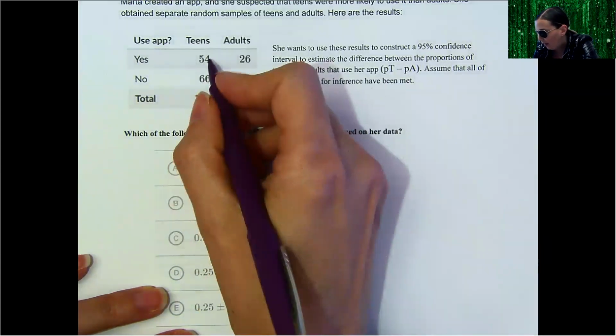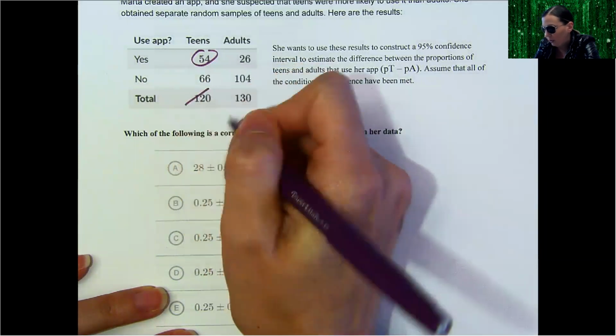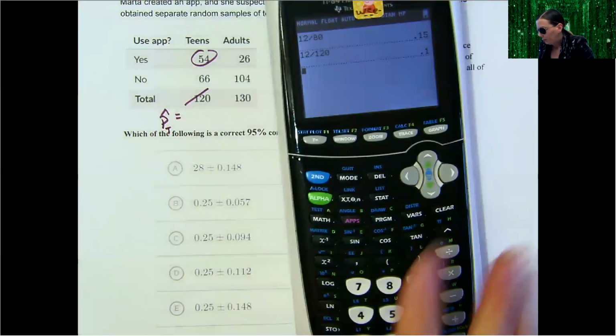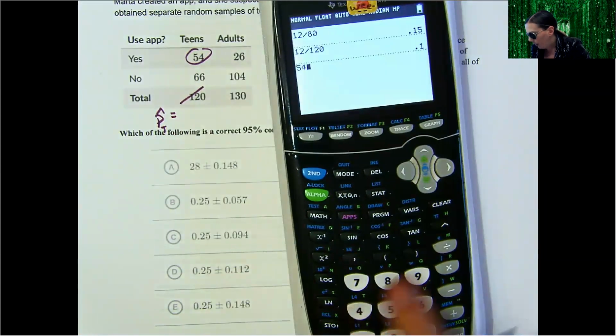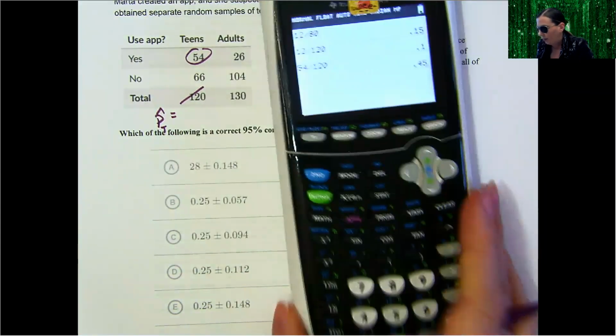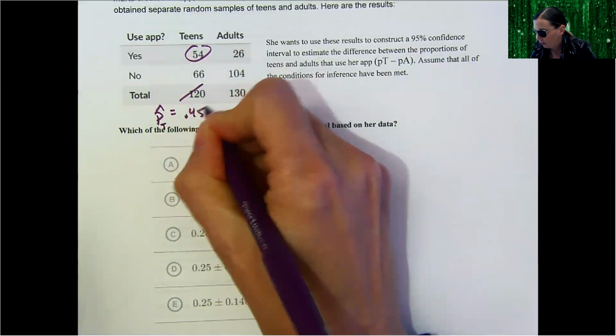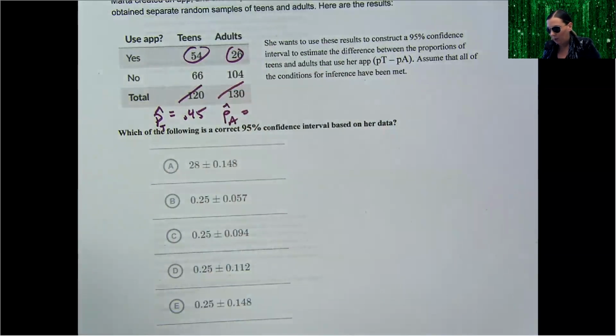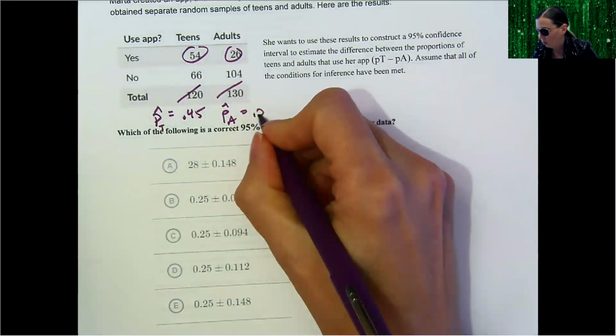So teens, we had 54 teens out of 120. So our sample for teens, 54 out of 120, you get 0.45. Your sample for adults, 26 out of 130. 26 divided by 130, that decimal is 0.2.